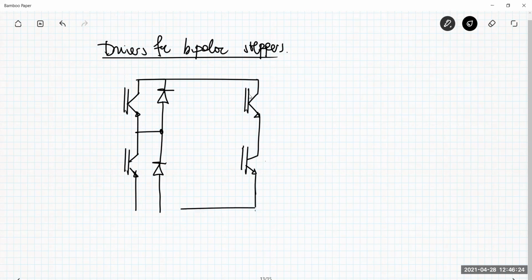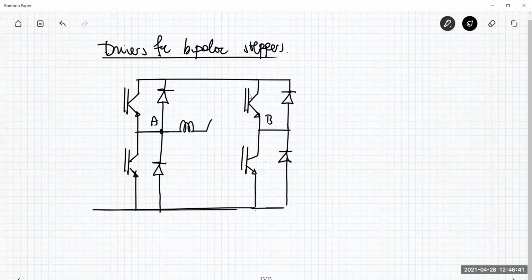I'm using IGBTs, but you can also use MOSFETs, of course. My load now is one single phase of our stepper motor.